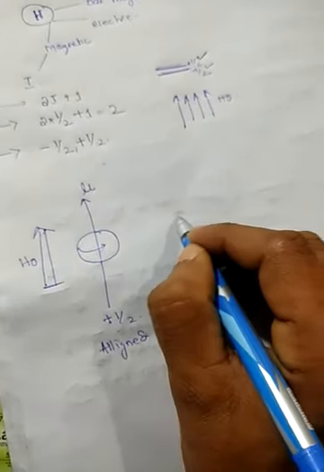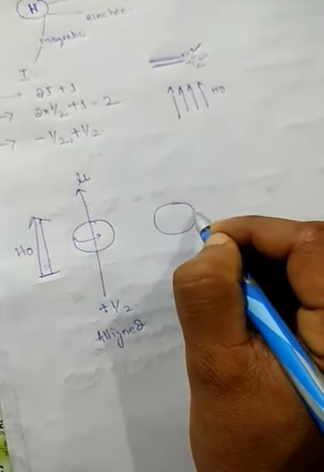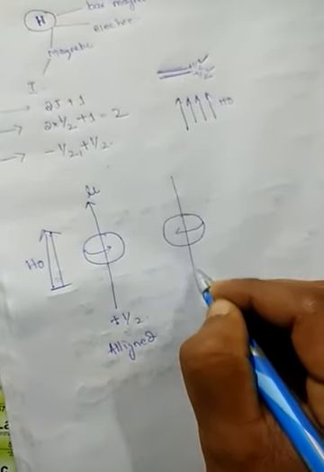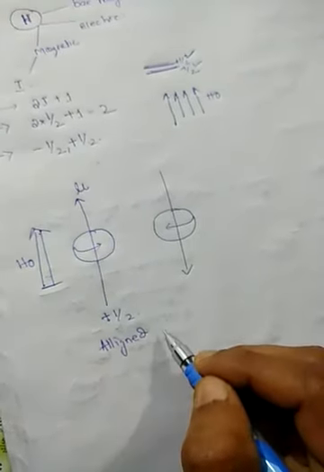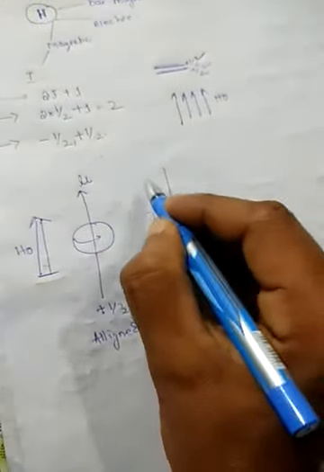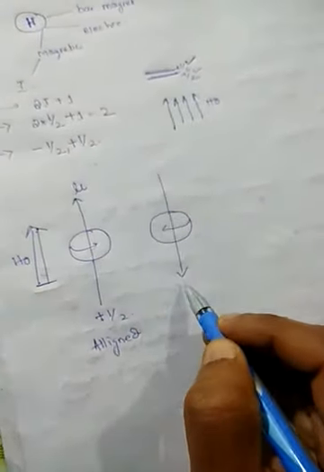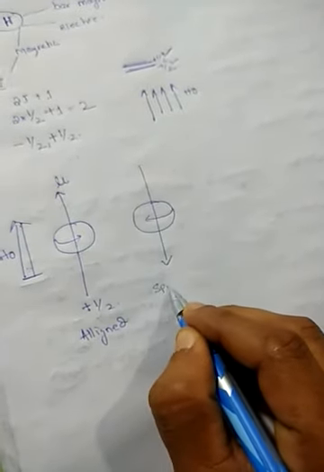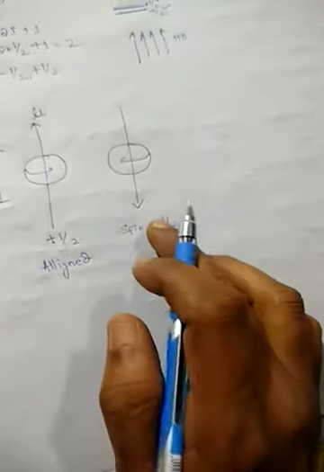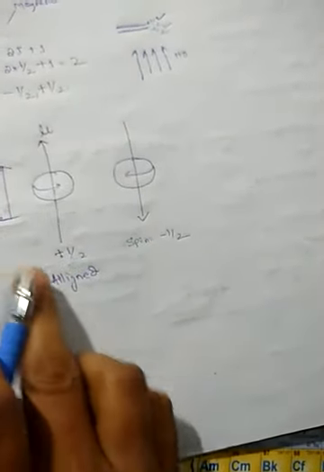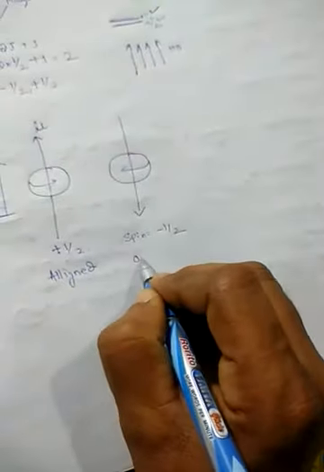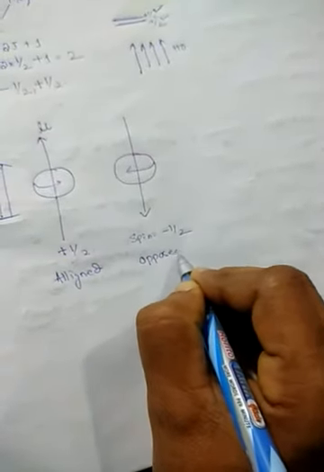And if the nucleus of the hydrogen atom rotates in the other direction, then the associated magnetic moment will be in this direction. The applied magnetic field is in this direction, but the magnetic moment will oppose it. We are taking this spin as minus half. This one is called aligned and this is called opposed orientation of the magnetic moment.